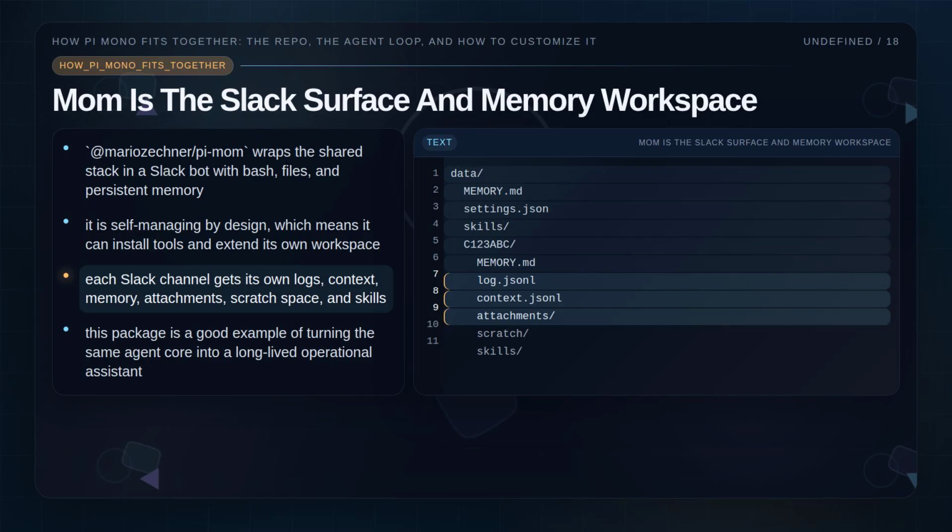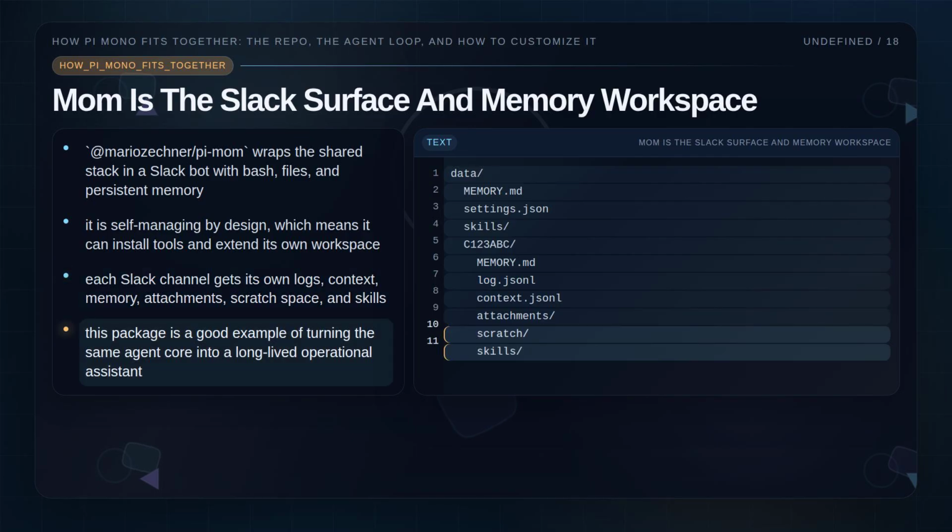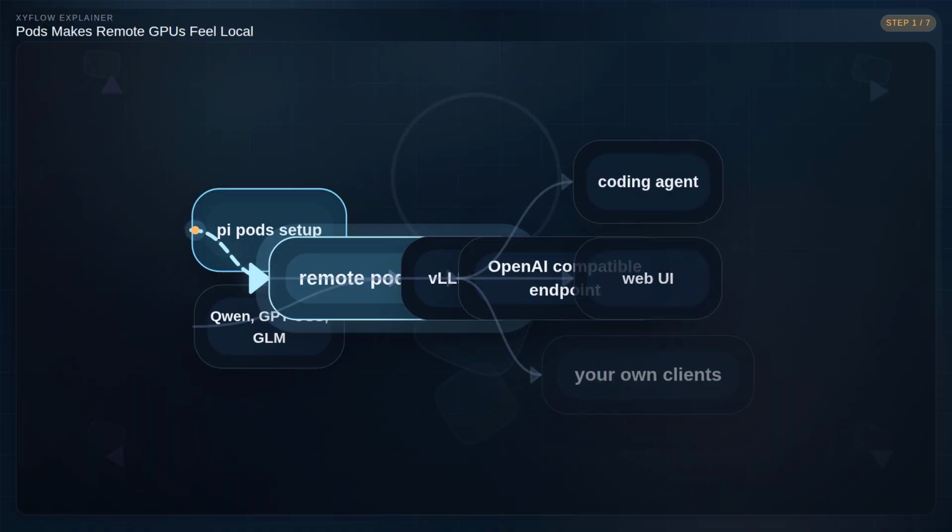That lets the bot preserve context over time without pretending the whole world fits in one prompt window. It still uses a model, tools, context compaction, and policy. The surface just happens to be Slack, and the persistence model happens to be. If you want to adapt Pi to your own organization, this package is a strong clue that the stack is designed for durable workflows, not only ad hoc chat sessions.